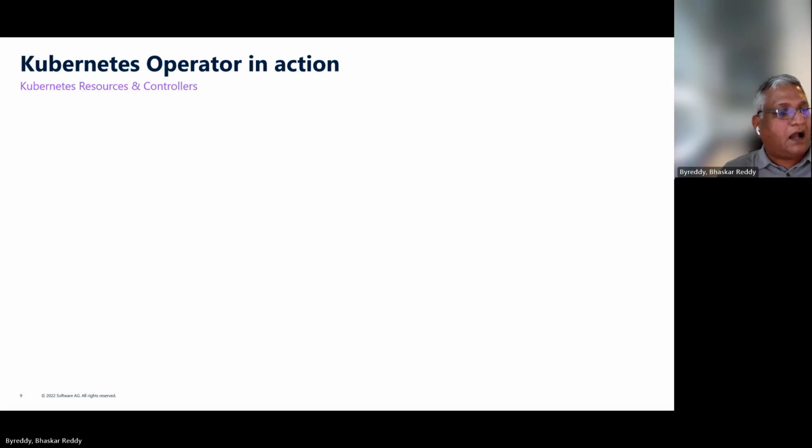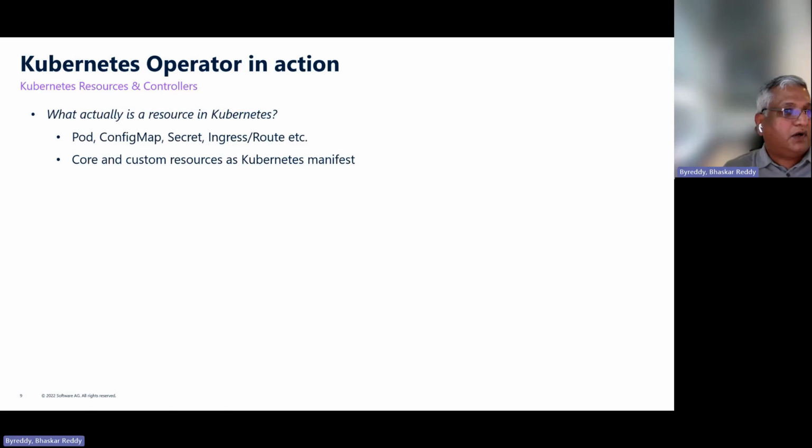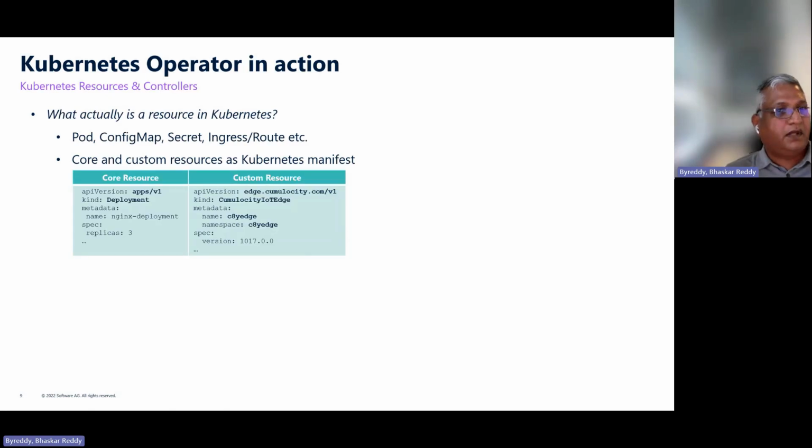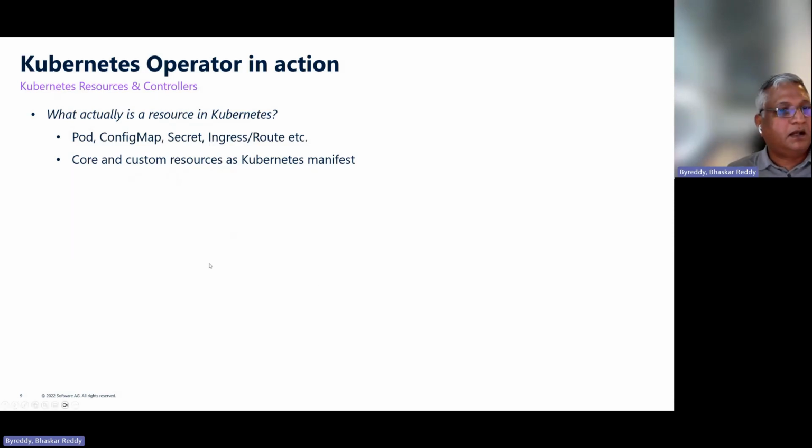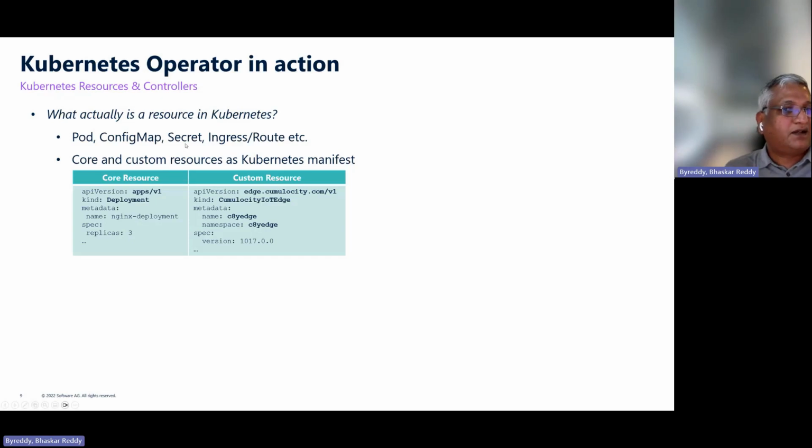So how does a Kubernetes operator work, or what does it actually do? Before we discuss the Kubernetes operator, Kubernetes itself has some core resources or native resources like pods, config maps, secrets, ingress, and other resources.